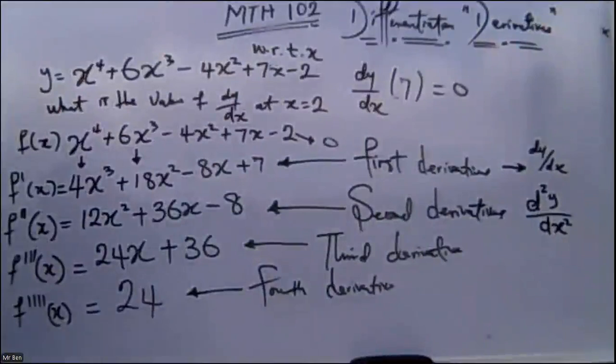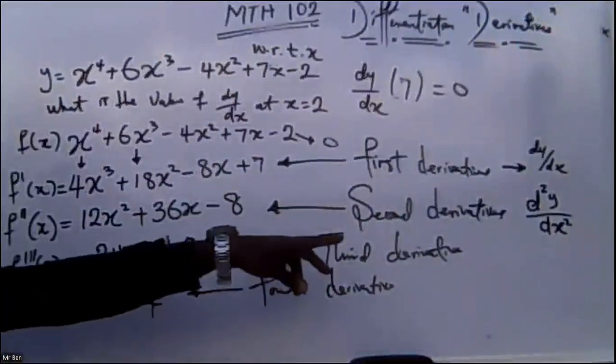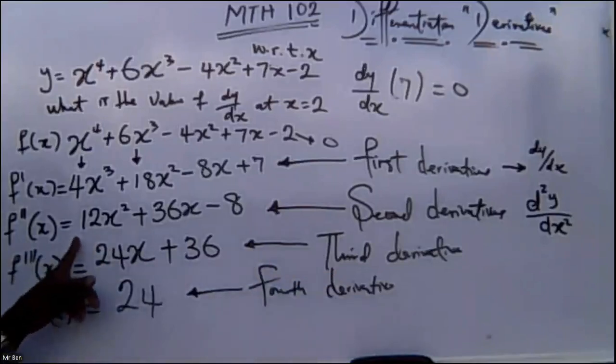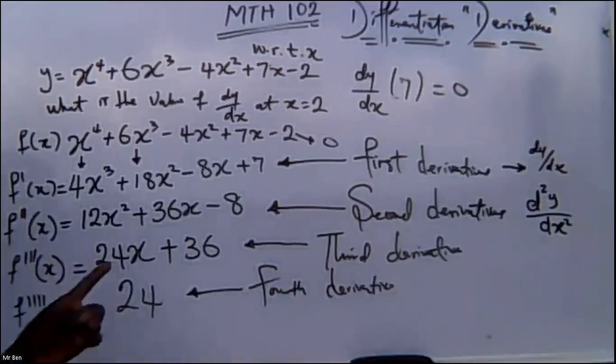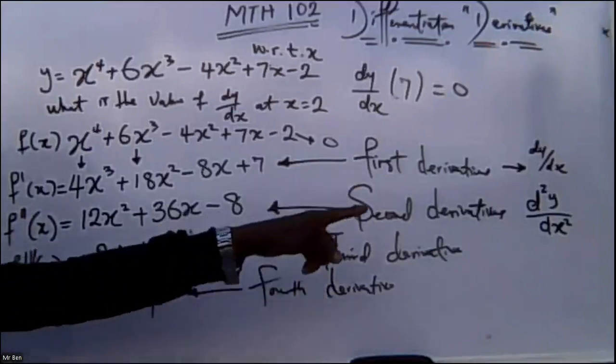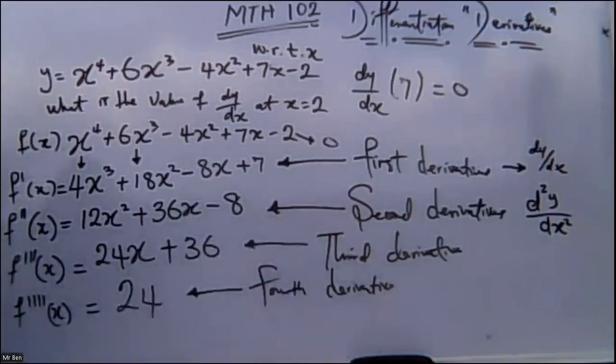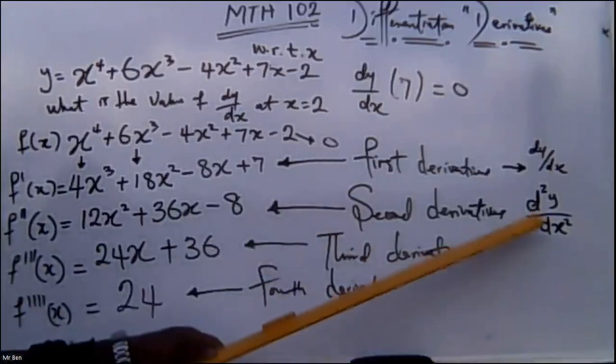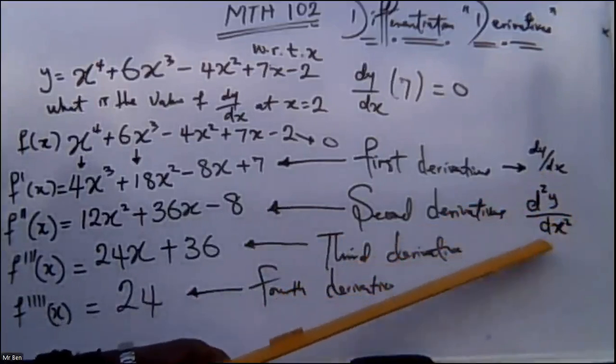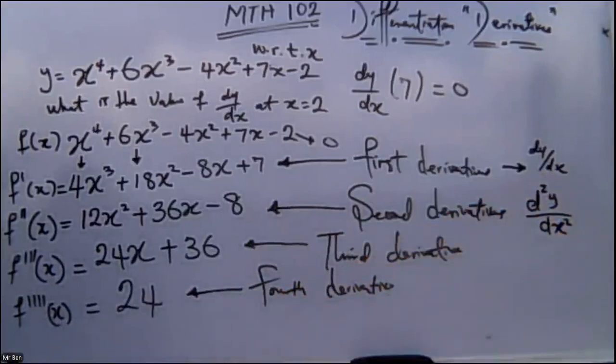So if you see any question where you are asked to find d squared y over dx squared, they are telling you to find the second derivative automatically. Or they will put it in this form: find f prime prime x of the function that you will be given.